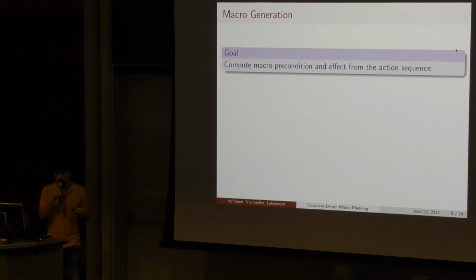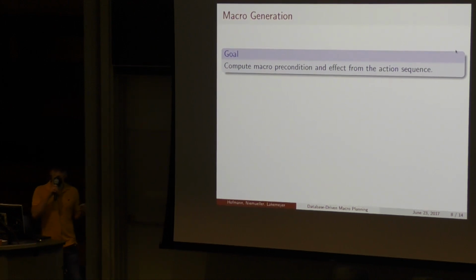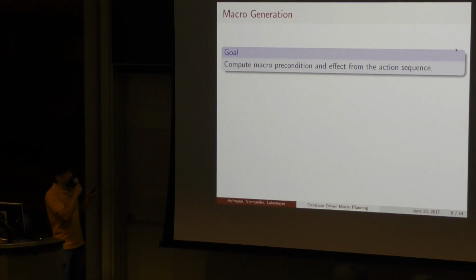So the goal of the macro generation is to, from the sequence of actions, generate one precondition and one effect that summarizes the whole action sequence. That is, at the end we have one PDDL action which represents the whole sequence.